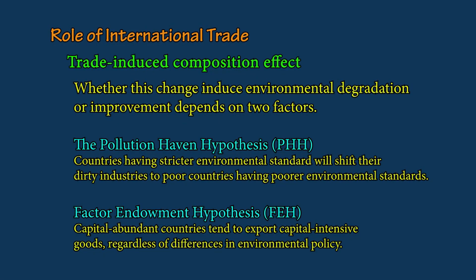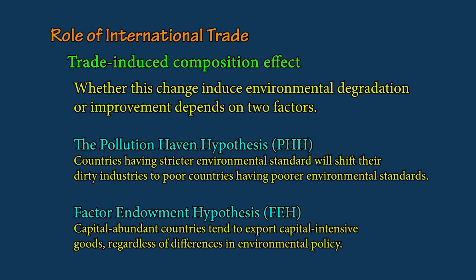So when a country is involved in more and more international trade, it has to focus on those productions in which it is more efficient, irrespective of the environmental implications of those productions, right? So this change induces environmental degradation or improvement through two factors.